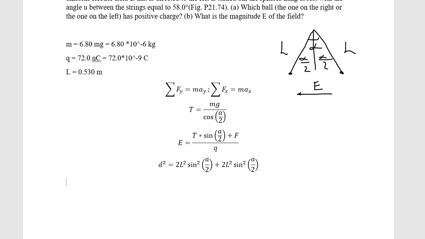So from this equation, we can find d, which is just 2L sine of alpha over 2.